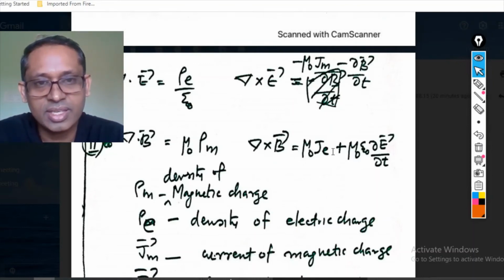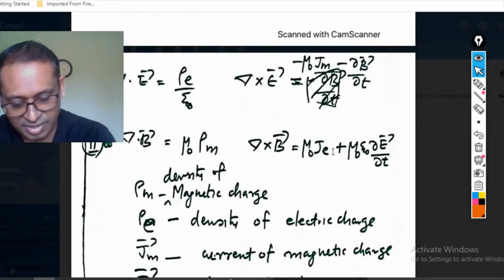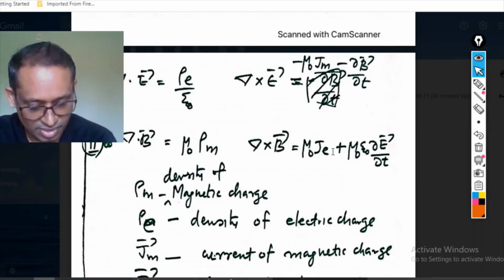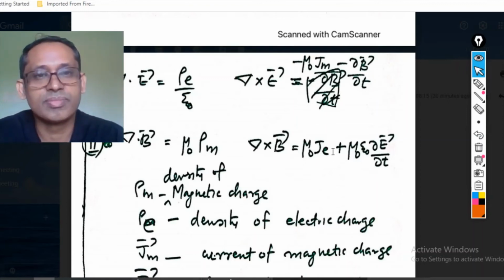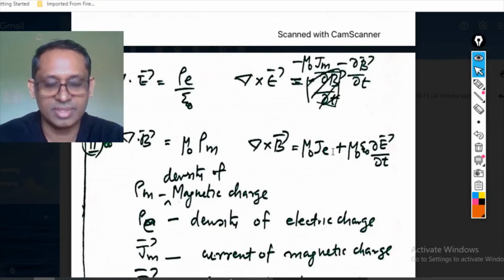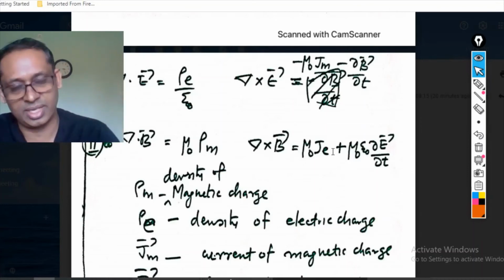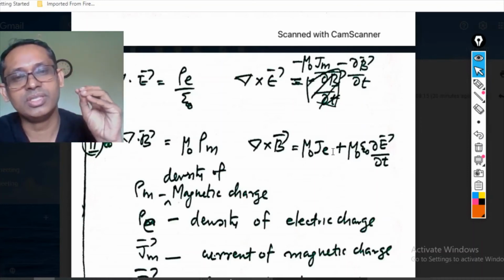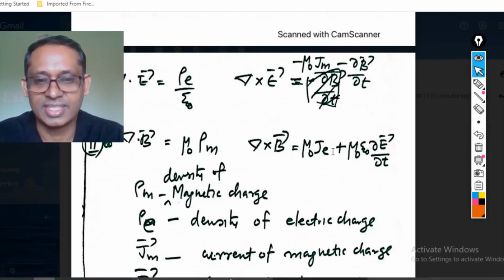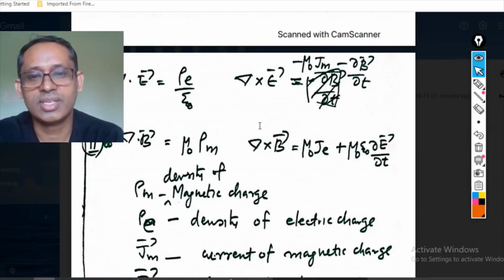Actually, in Griffiths, the author says the Maxwell's equations beg for magnetic charge to exist. It badly needs magnetic charge so that the equations are symmetric, because it would fit in so nicely. But unfortunately, magnetic charges do not exist.